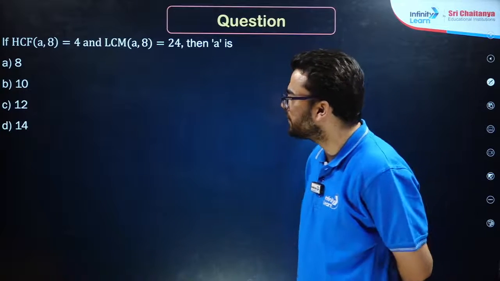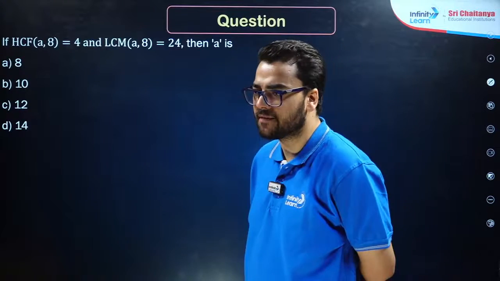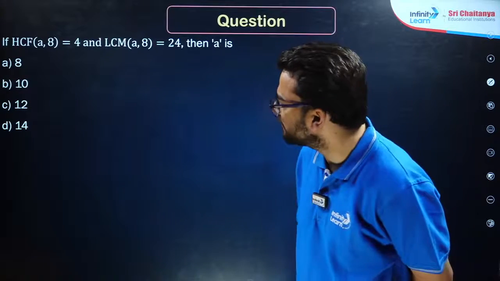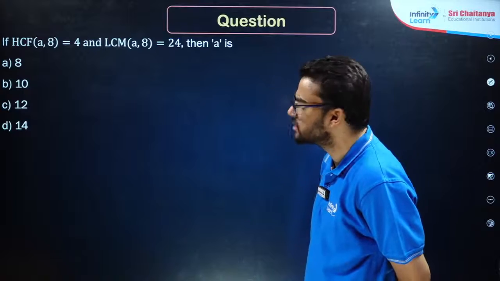So the product of two numbers is equal to the product of their HCF and LCM. So the numbers are A and 8 over here, and their HCF is 4 and LCM is 24.